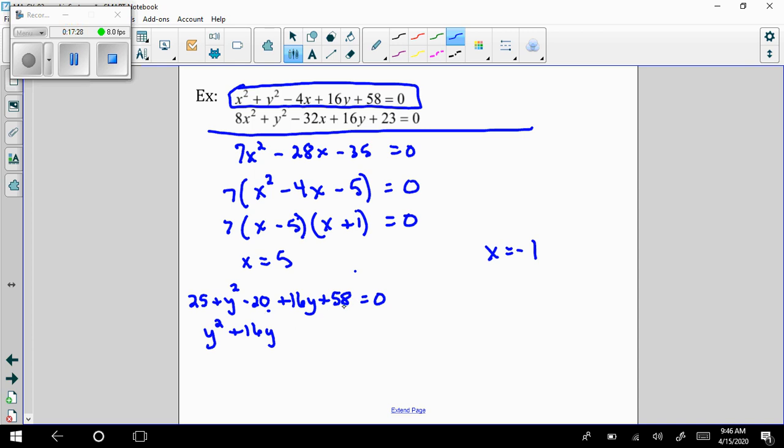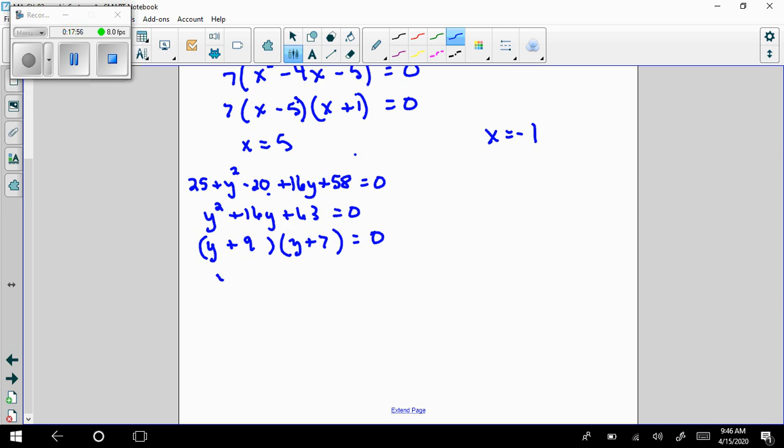So plus 58 is going to be 63. So multiply to 63, add to 16, a 9 and a 7. So here I get y equals -9 and y equals -7.